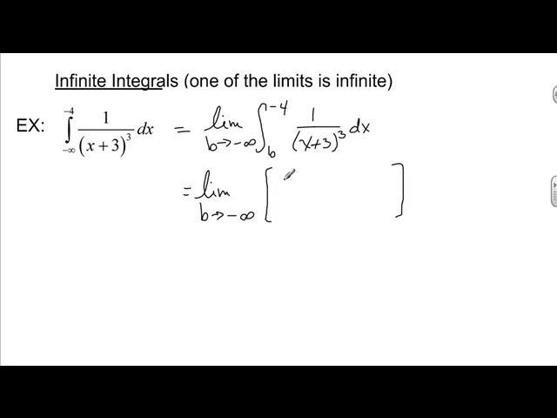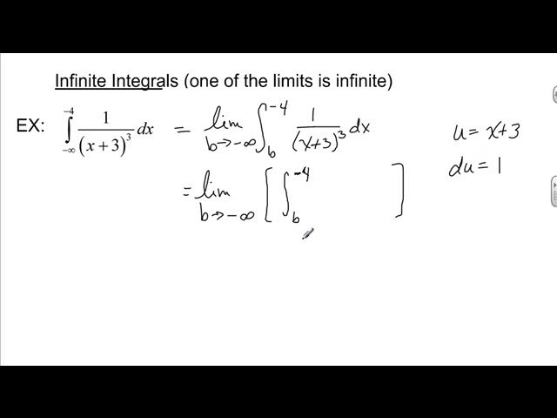If you have tried that on your own now, let's go through the steps. Okay, I'm going to let u be the quantity x plus 3. So du is 1. And with u substitution in the past, we've changed the limits. I don't want to do that this time.